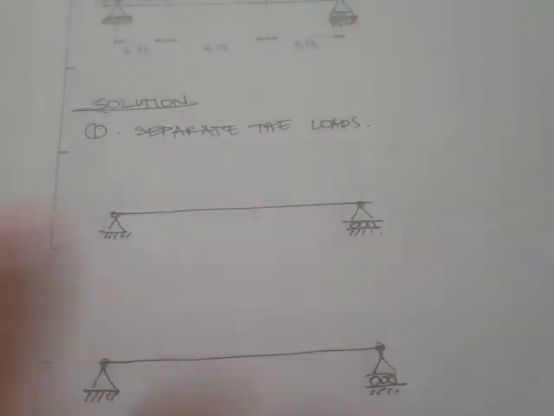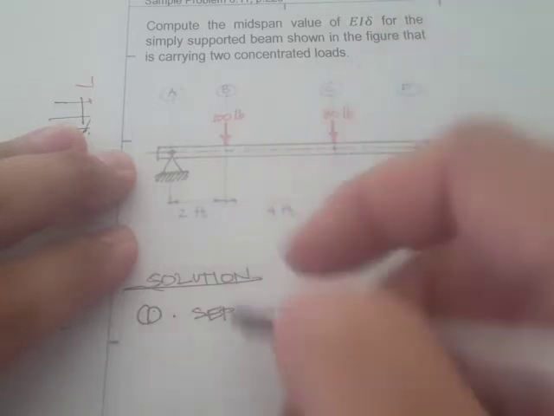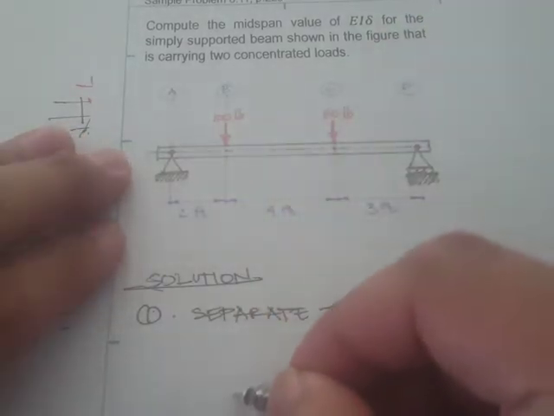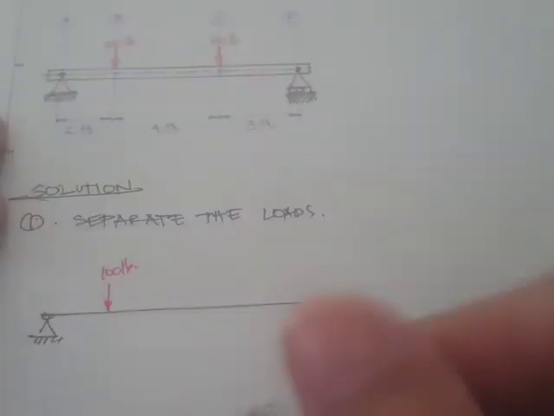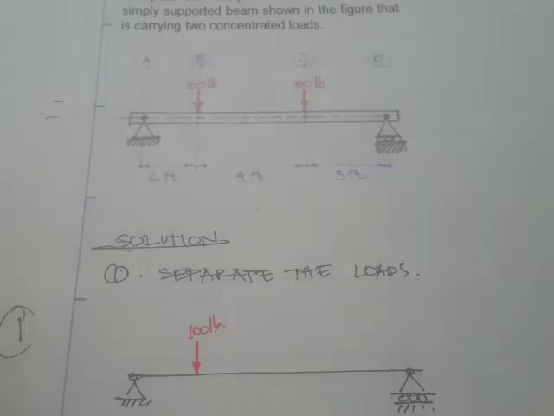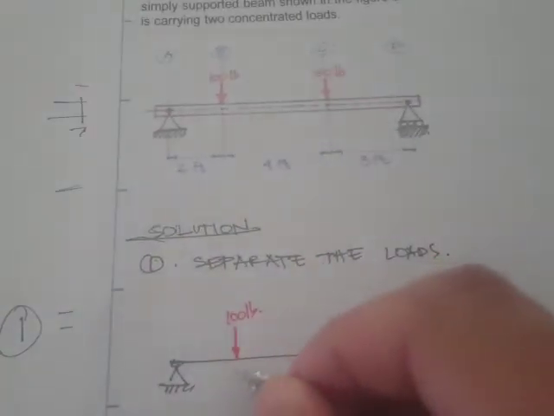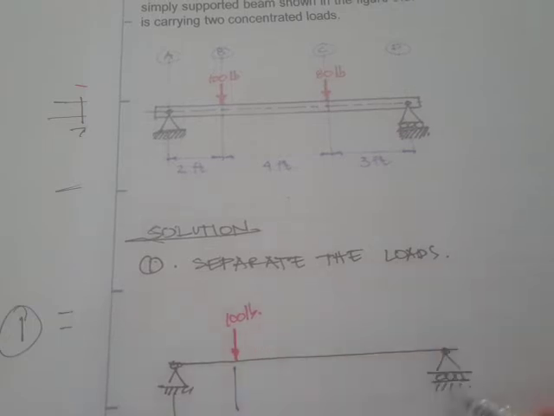Let's say this is our beam number 1, which carries this concentrated load of 100 pounds, and beam number 2 would be with regard to this 80 pounds. And we also need to label the dimensions.